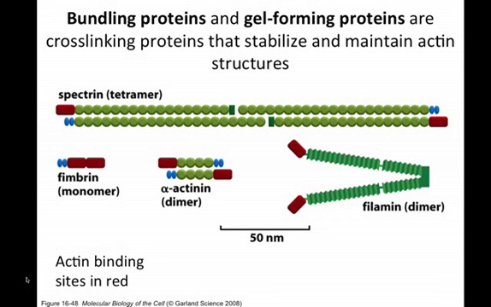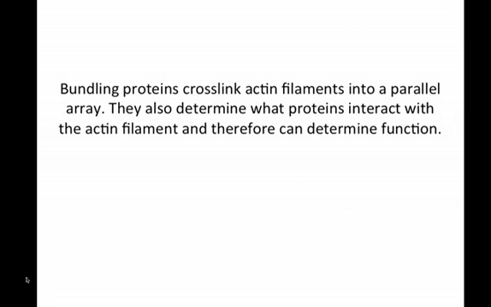The red part is the actin binding site, so you can imagine that you would bind to actin along here and over here, and that would cross-link and stabilize an actin structure. Filamin might work differently and create a different kind of structure. Bundling proteins are cross-linking actin filaments into a parallel array, and they help to determine what proteins interact with the actin filament and can determine function.